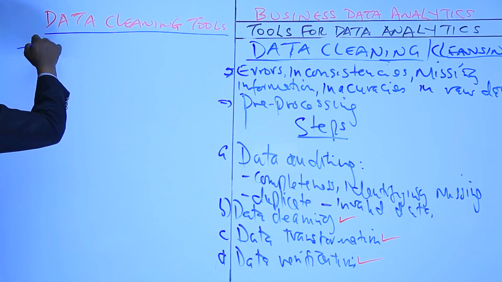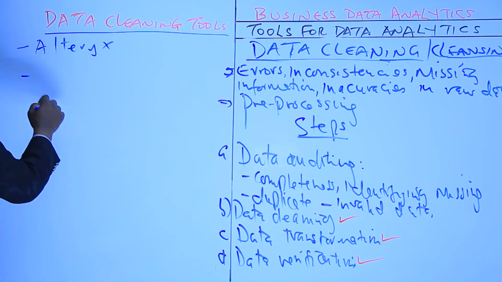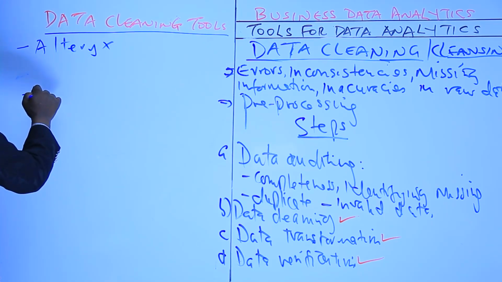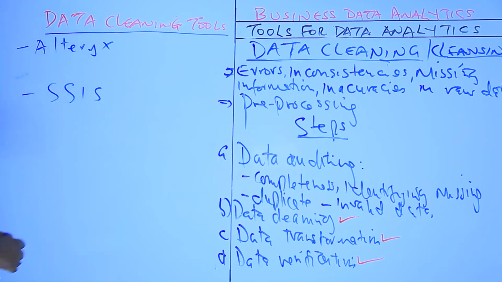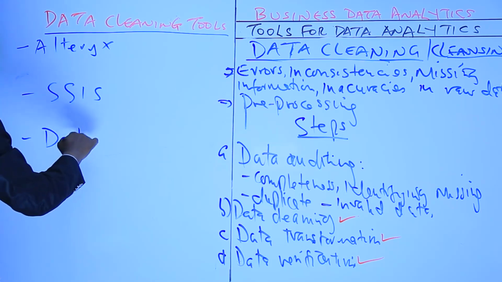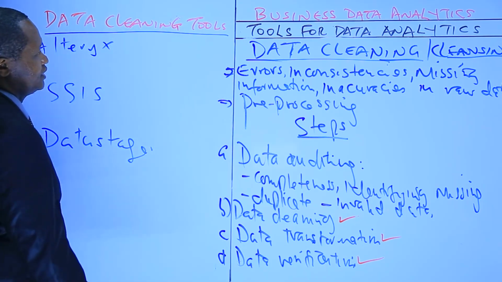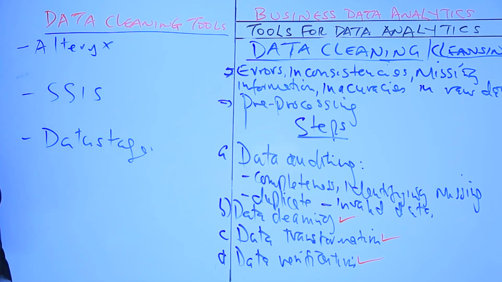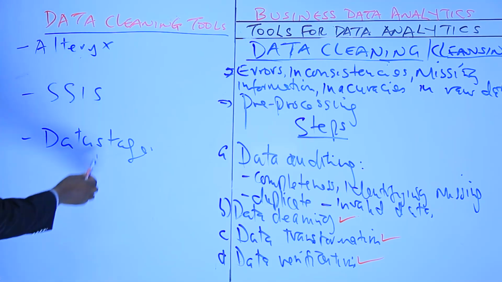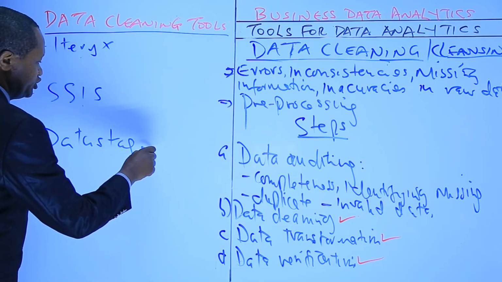One is Alteryx. The other one is SSIS. Then there is the data stage. These are the tools mentioned in the business data analytics subject: Alteryx, SSIS, and the data stage.